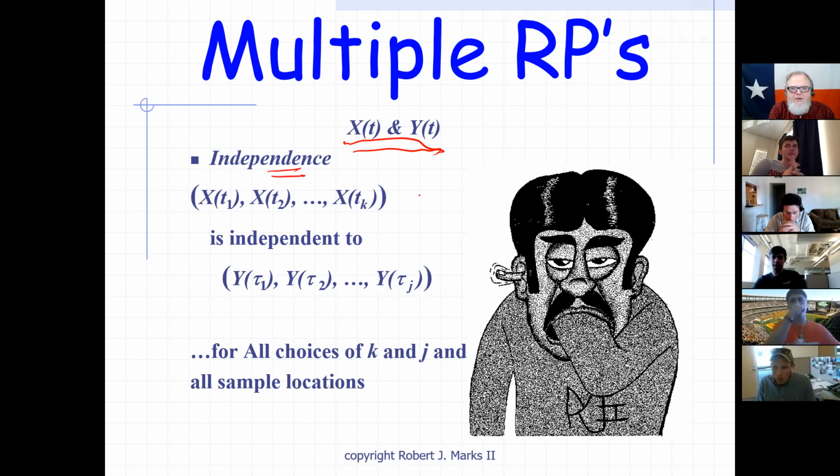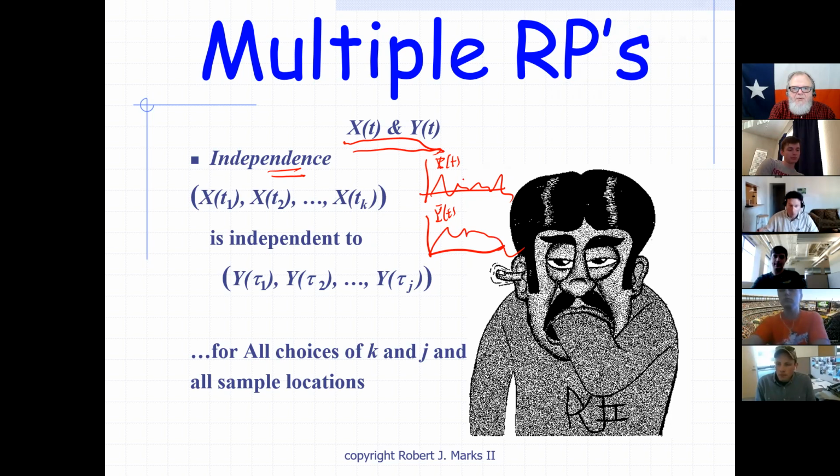We're going to assume that we have a stochastic process x of t, and we have a stochastic process y of t. If we choose any sequence of points, say for right here for t1, that line is supposed to be totally vertical. So we chose this point and this point.